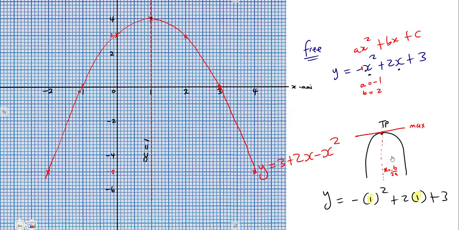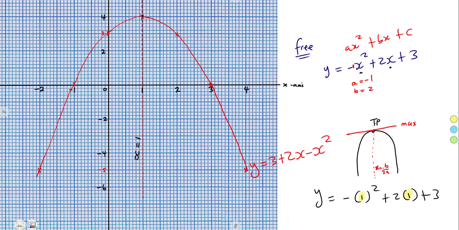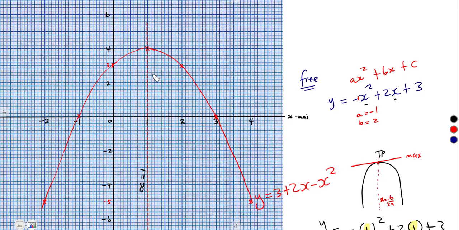By substituting that, we can see that our y value is going to be equal to 4, of which we did this one before. So that is the turning point. X is 1, y is 4. So that value of y is our maximum value according to the shape, maximum.